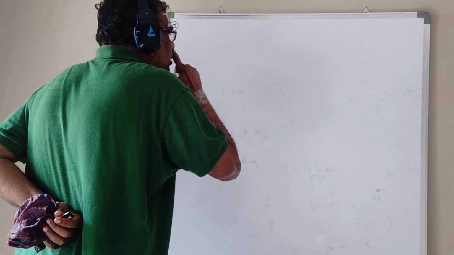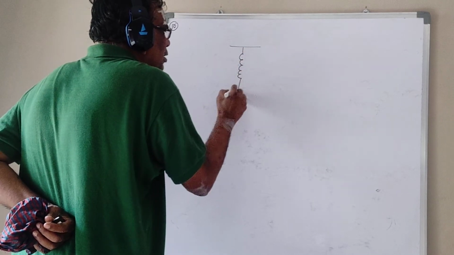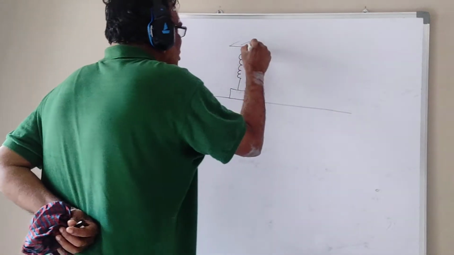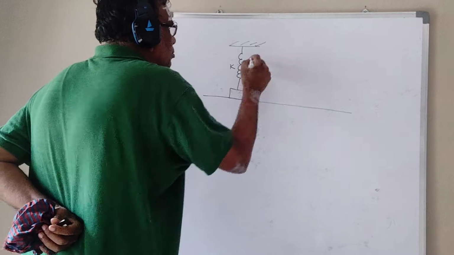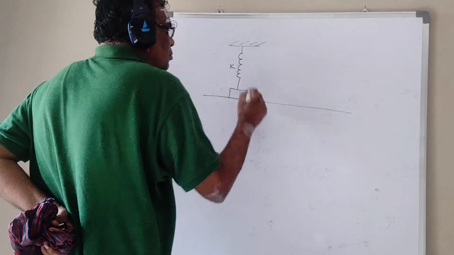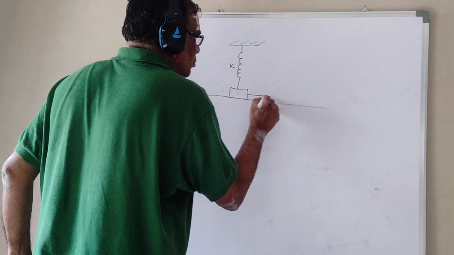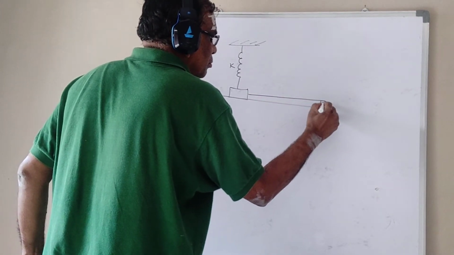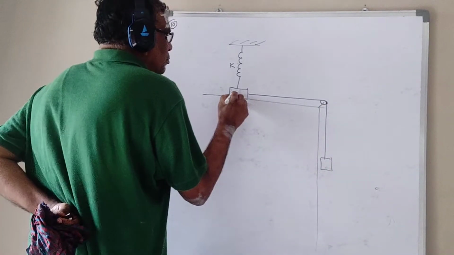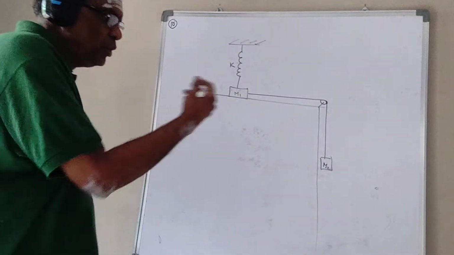Now let us see a case like this. This is K. Suppose you allow this system to move.